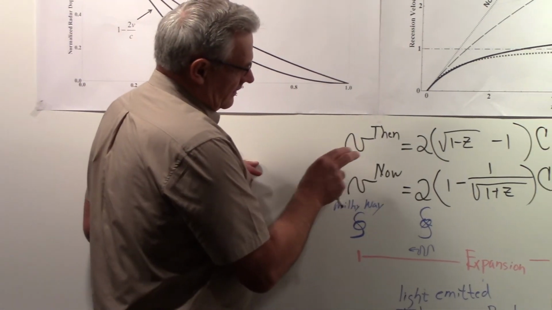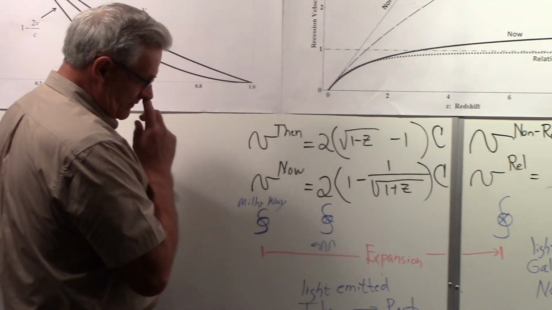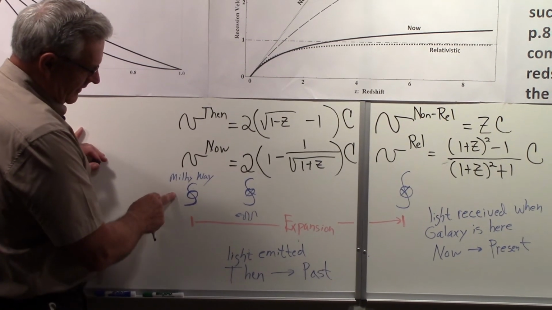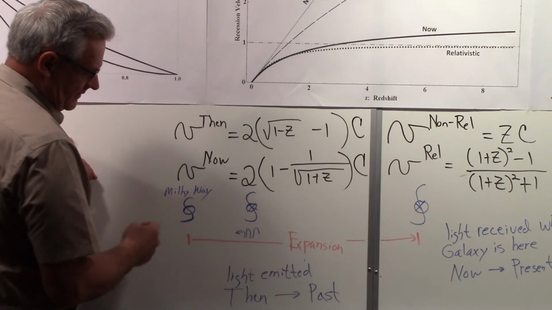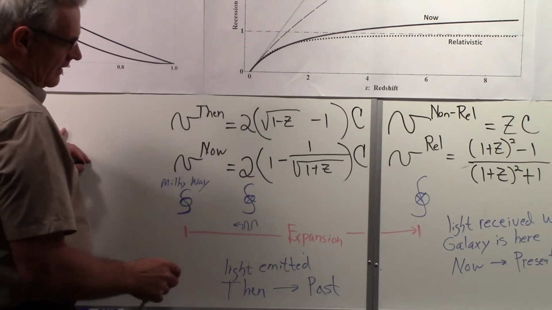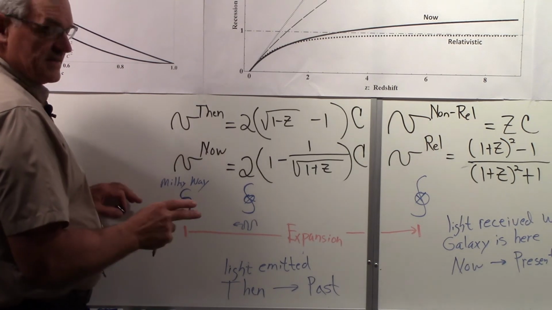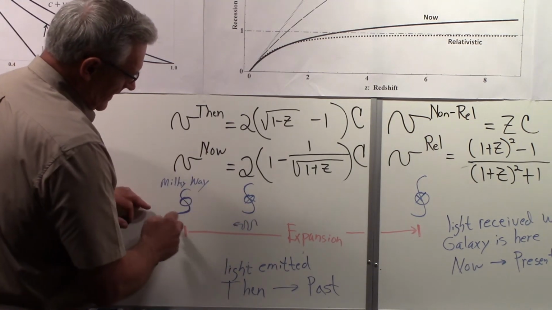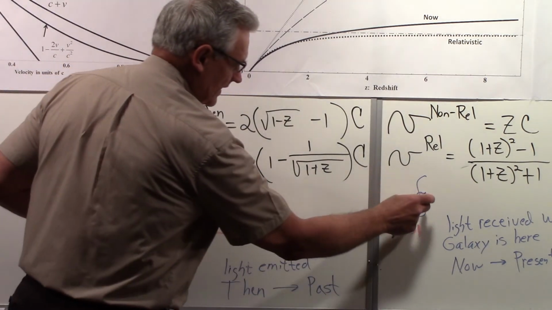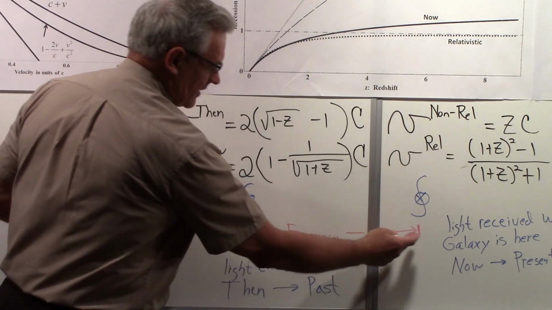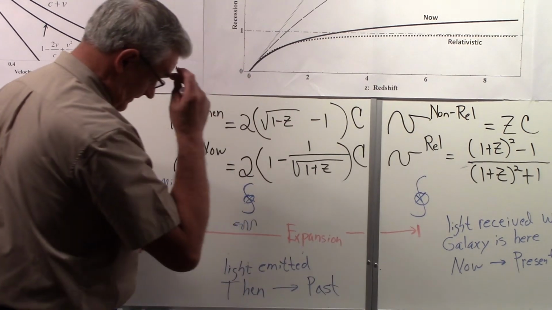But now let me explain these two velocities. Here we have the Milky Way. Here we have a galaxy that we're looking at, and that galaxy emits some light. Since space is expanding, by the time that light reaches the Milky Way, this galaxy is now located further away because of the expansion of space.